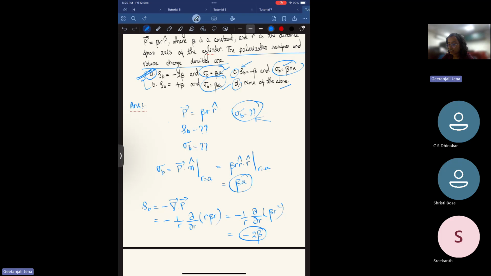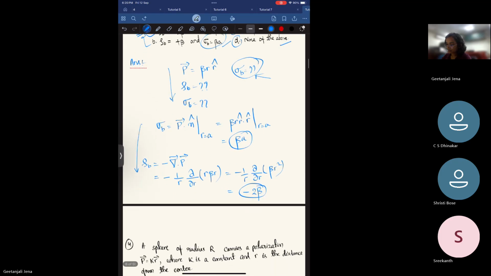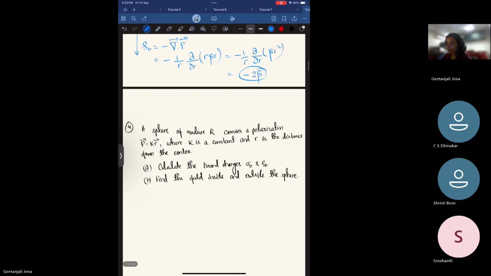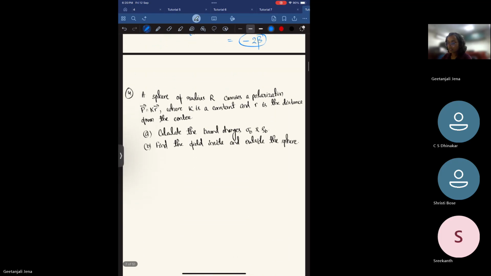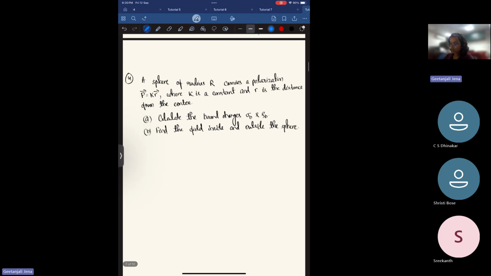Please verify your steps, whether the solution is fine for you, or if you have any doubt, let me know. Dinakar, is it okay with you, the solutions?